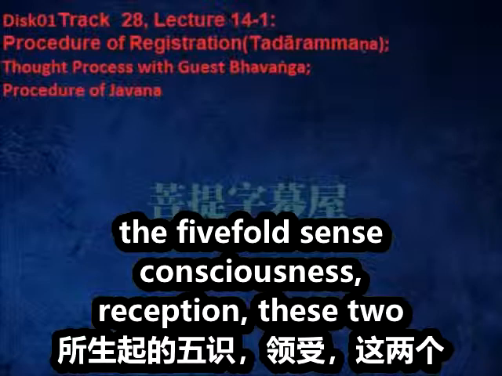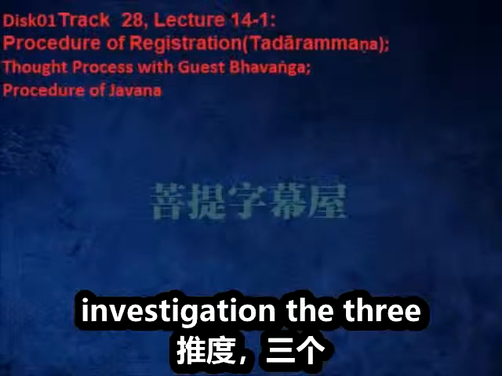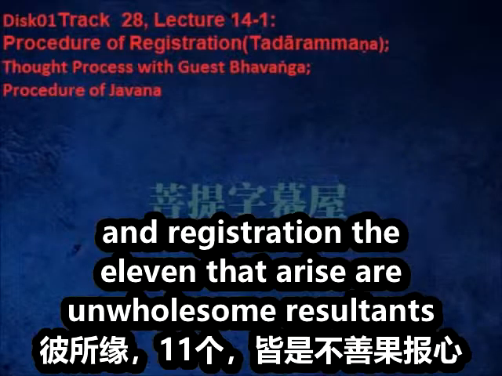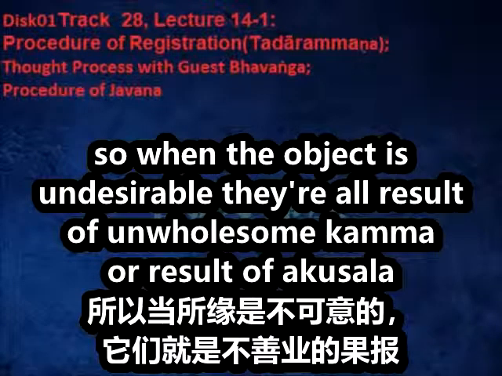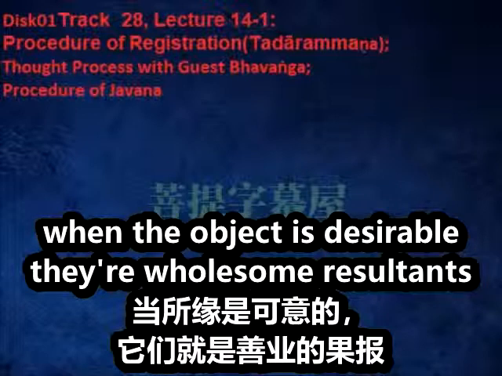The 5-fold sense consciousness, reception, these 2, investigation, the 3, and registration, the 11, that arise are unwholesome resultants. So when the object is undesirable, they are all result of unwholesome karma or result of akusala. When the object is desirable, they are wholesome resultants.